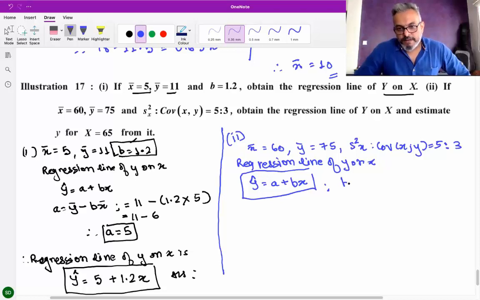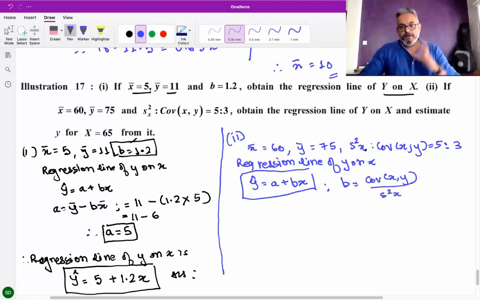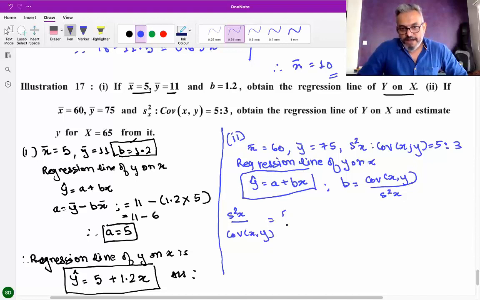For finding b, the formula is covariance x comma y upon s square x. But here it is given reverse. So here it is given s square x upon covariance x comma y is equal to 5 by 3. Therefore, covariance x comma y upon s square x is equal to 3 by 5. Therefore, b is equal to 3 by 5, which is equal to 0.6.